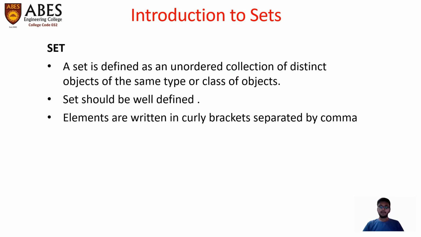The second property is distinct elements or objects, which means the elements should be unique, and repetitions of element values are not allowed. So we avoid repetitions of elements in the set. The third property is that the set should be well defined. Well defined means the properties of the elements should be properly defined.